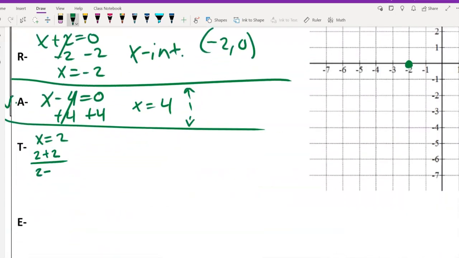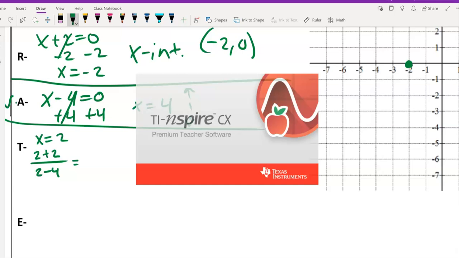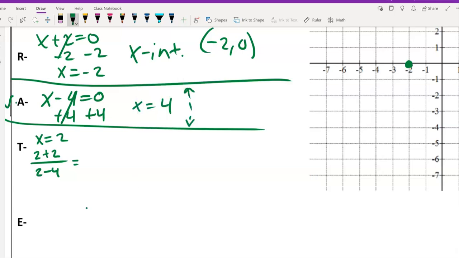Now you can stick that in your calculator, but that's going to take a while, so I'll just do this one by hand. 2 and 2 is 4. 2 minus 4 is negative 2. 4 divided by negative 2 is negative 2. So my point here is 2, negative 2.